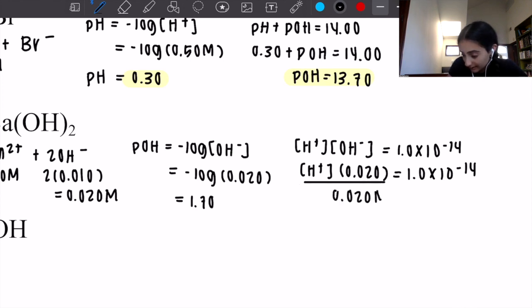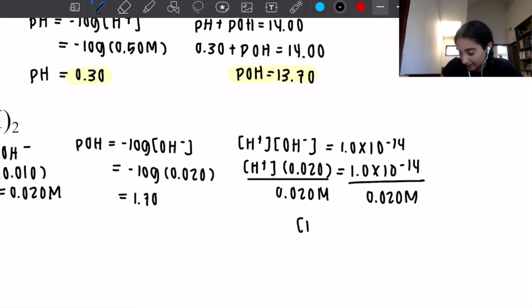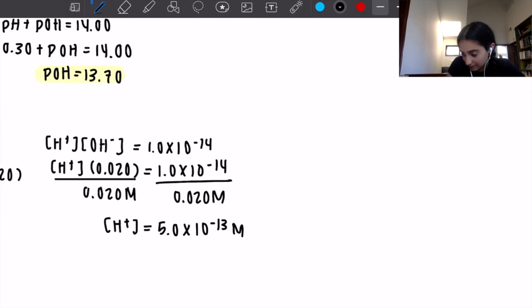So I'm going to divide both sides by 0.020 molarity. And then I'm going to divide 1.0 times 10 to the negative 14th by 0.020 molarity. And I get that the concentration of hydrogen is 5.0 times 10 to the negative 13th molarity.